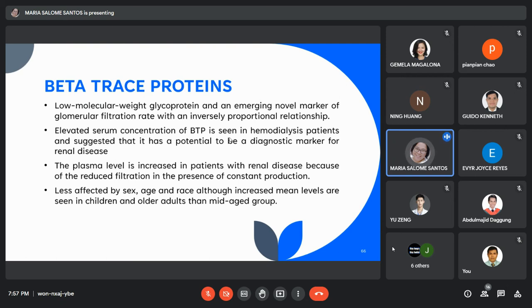The plasma level is increased in patients with renal disease because of the reduced filtration in the presence of constant production. It is also less affected by sex, age, and race. Also, increased mean levels are seen in children and older adults than in the mid-age group.